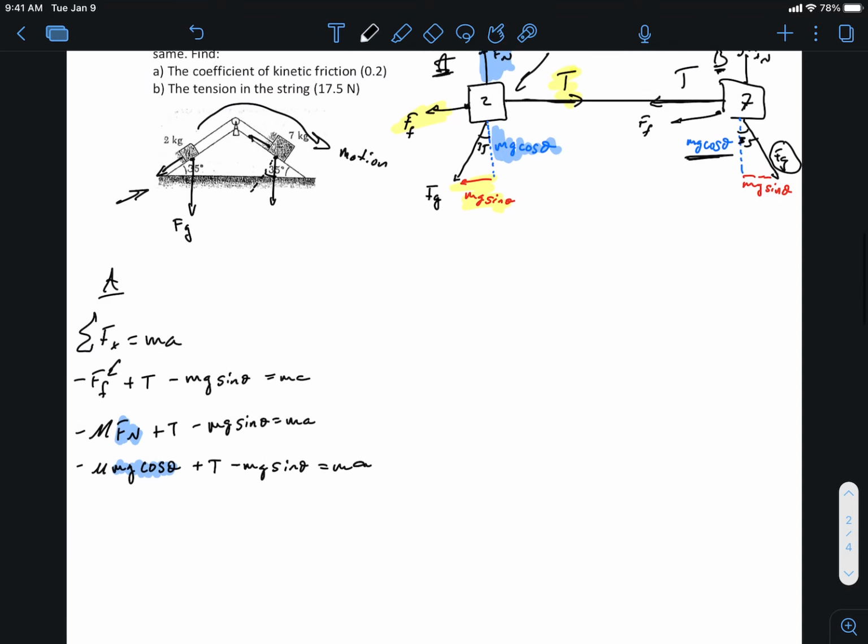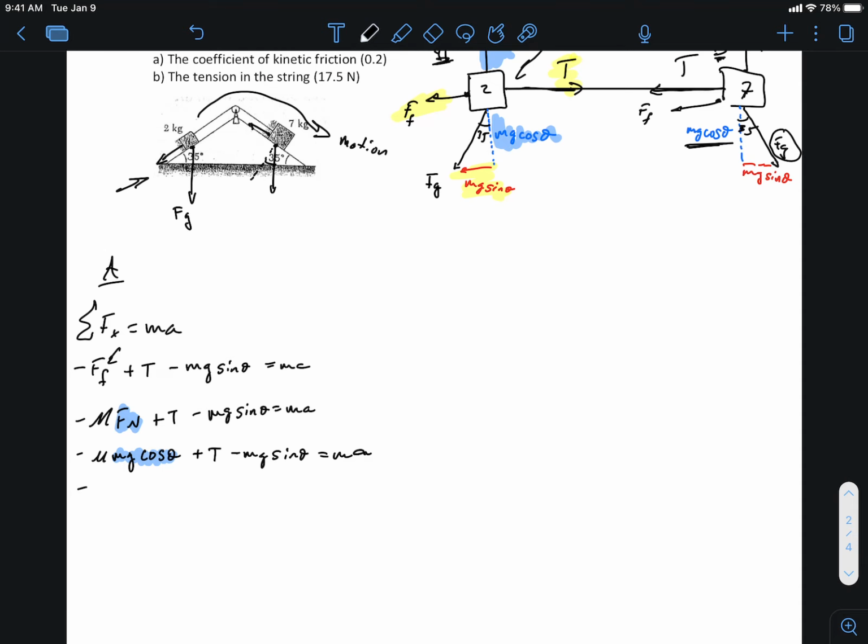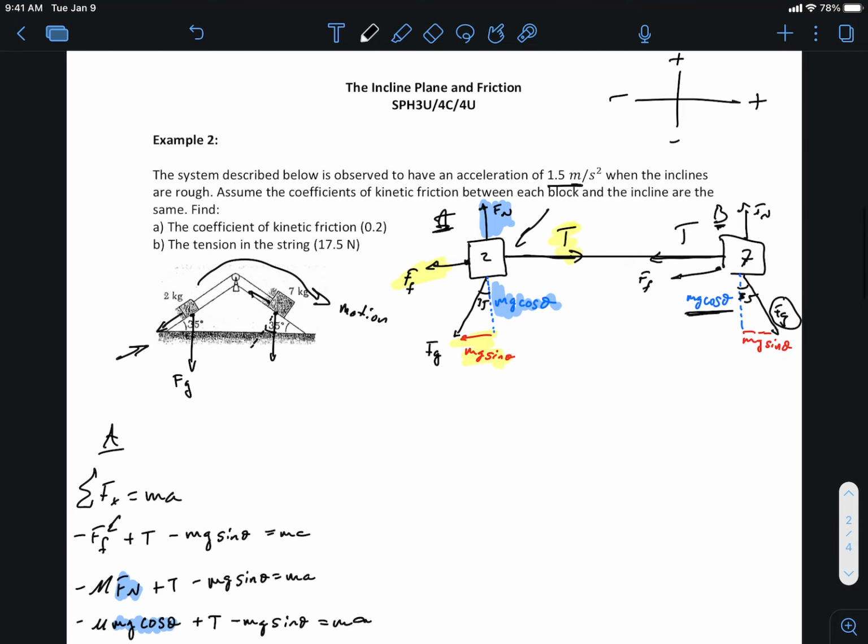I don't know mu, so it's negative mu, but I do know that it's 2 times 9.8 times the cosine of 35 plus tension minus 2 times 9.8 times sine 35 is equal to 2 times 1.5. Where's the 1.5 from? The acceleration of the system.